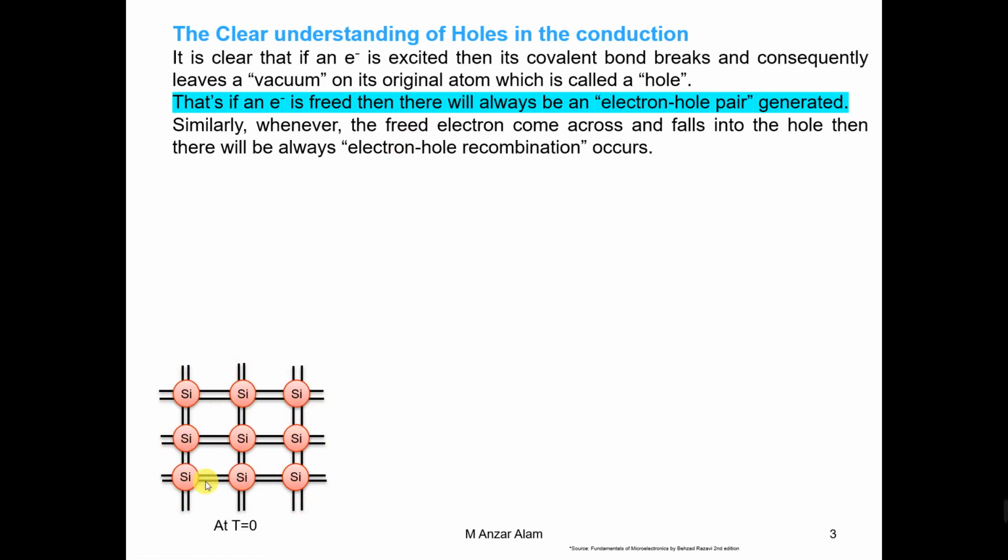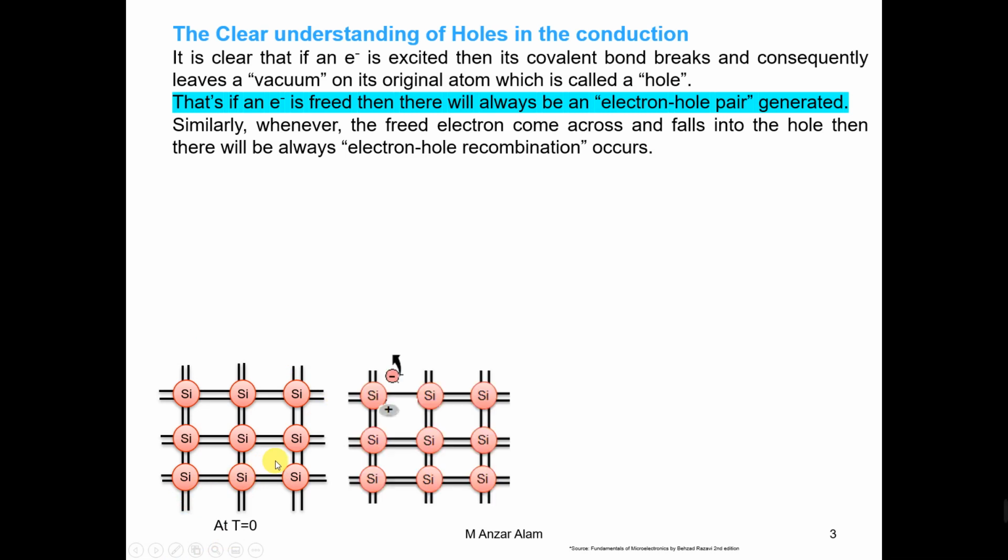At time t0, let's suppose there are no free electrons, but after that time, if an electron is moved, then consequently a positive charge will also be established at this silicon atom.